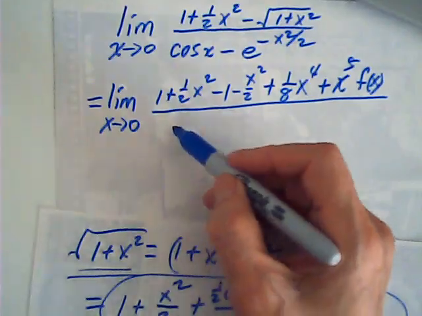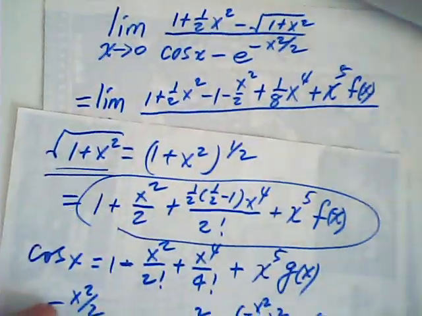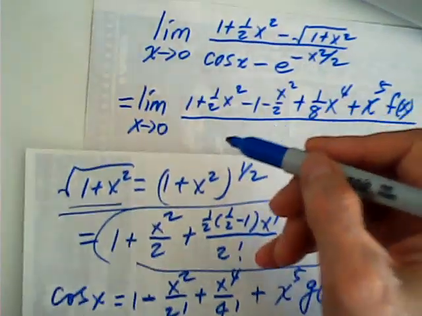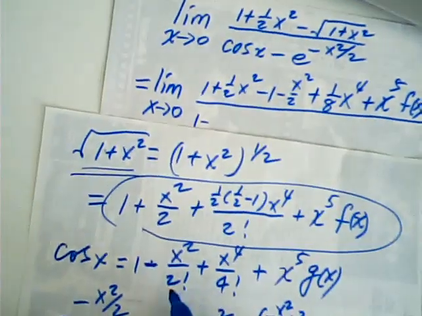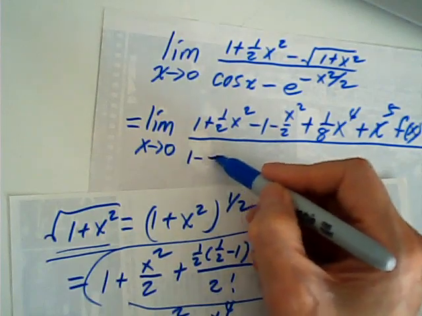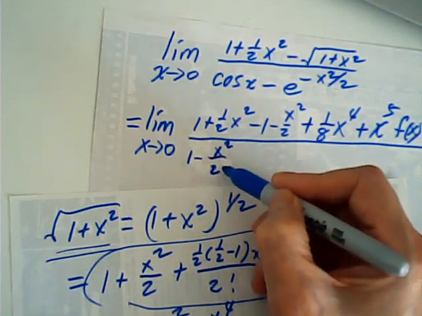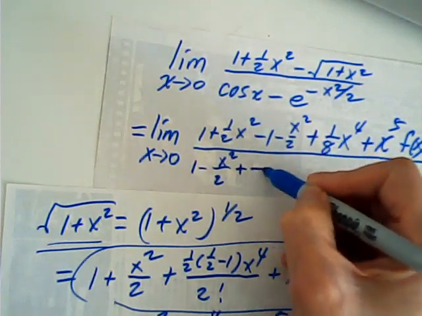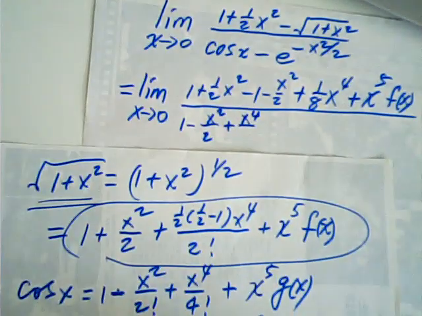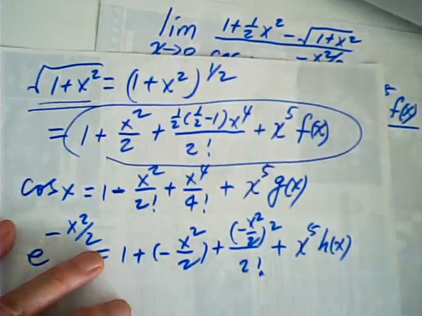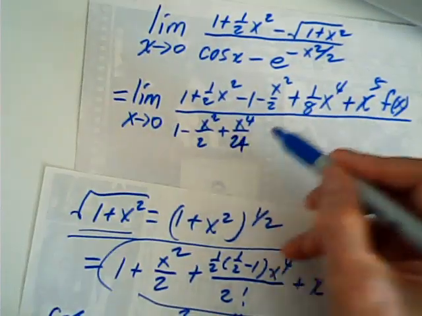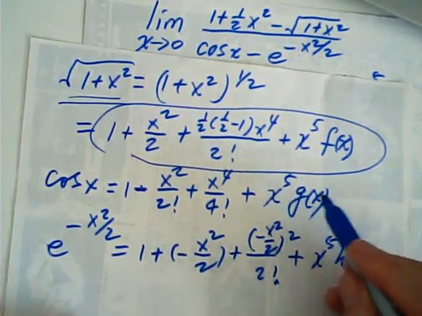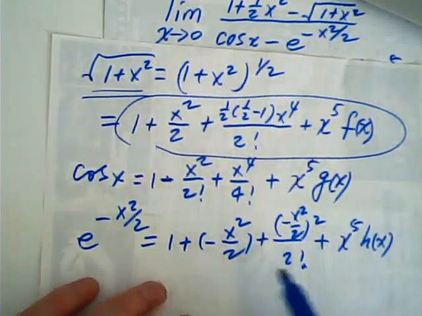Okay, that's the numerator. And the denominator is this: 1 plus 1 minus x squared over 2 factorial, which is 2, plus x fourth over 4 factorial, which is 24, plus a polynomial containing x fifth as a common factor.